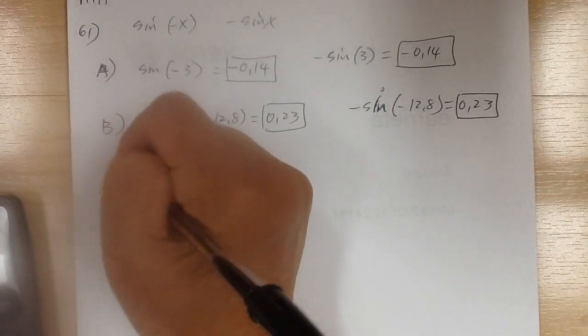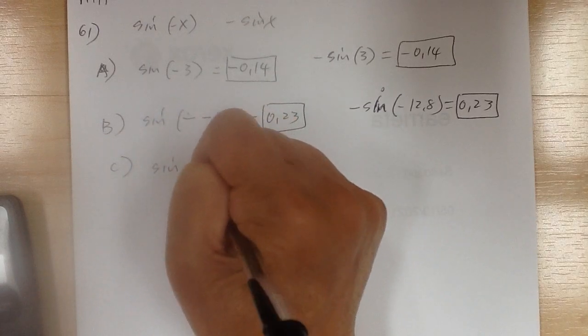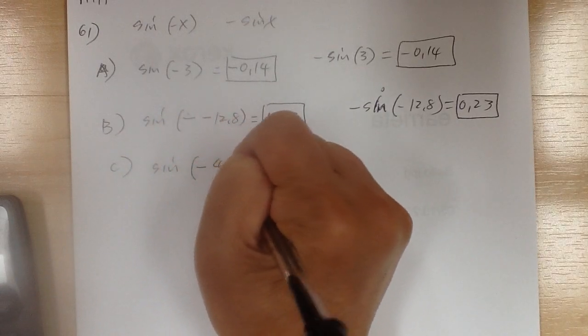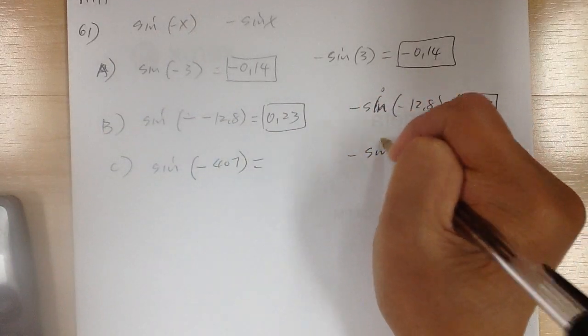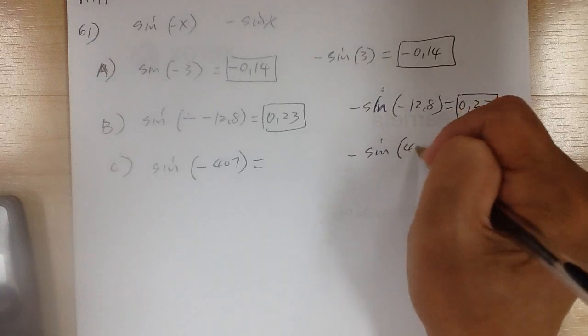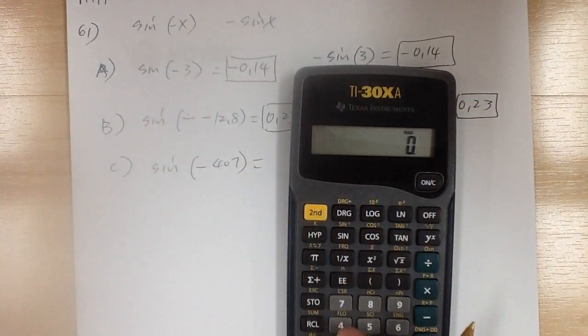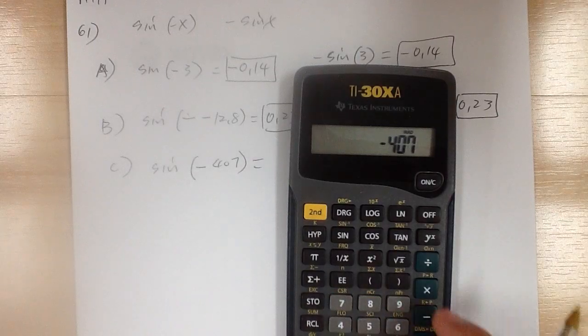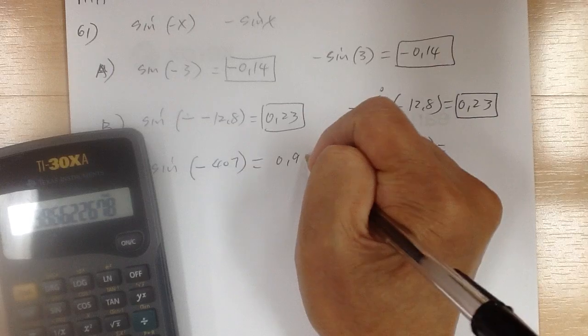Okay, so do C. So you got sine of negative 407. Then you got negative sine of 407. Okay. So 407 negative, take the sine of that, you get 0.99.